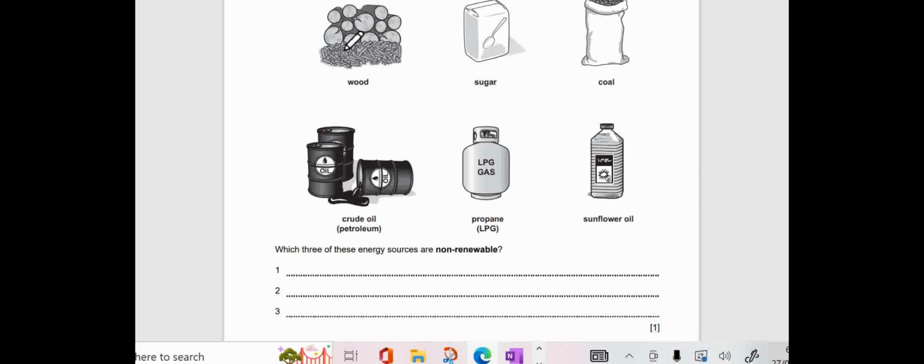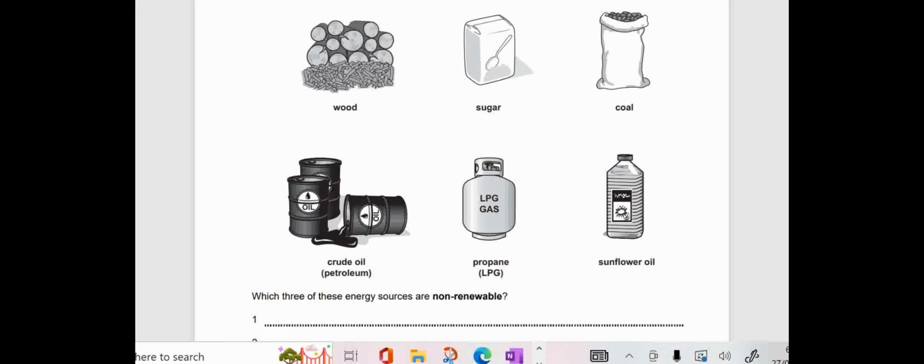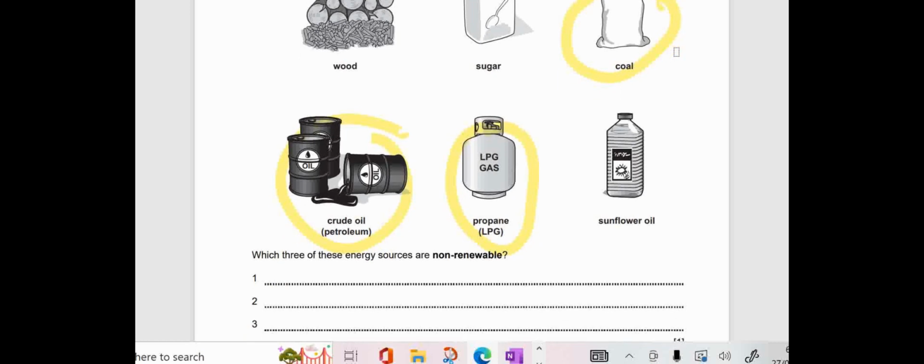It will be used up one day. It will be from the crude oil. So the ones from the crude oil are coal, LPG, and petroleum. That will be the 3 answers we'll type down there. So these are all the answers. Now let's move to the next question.